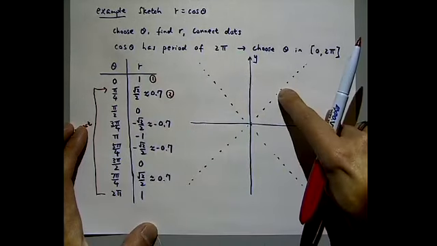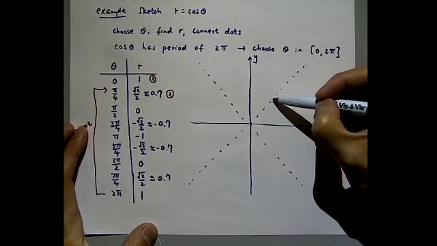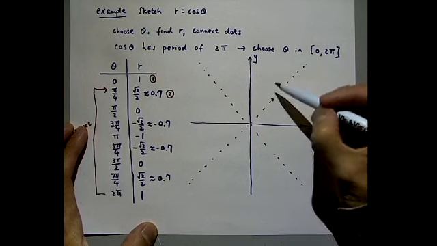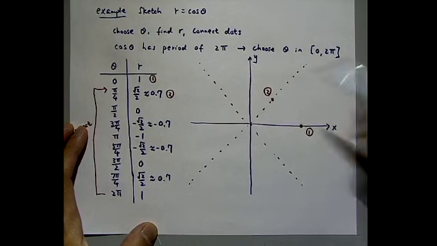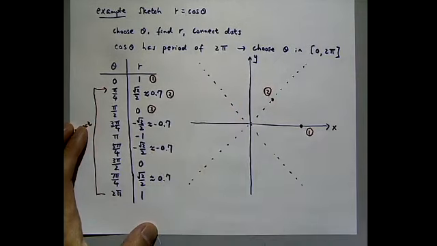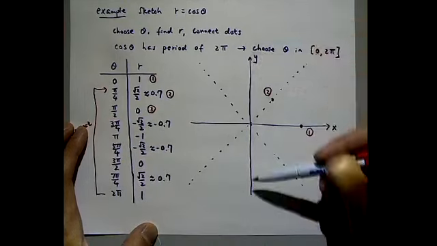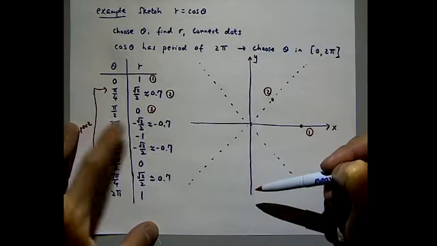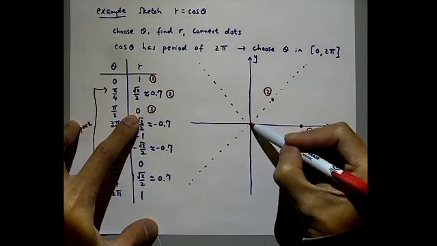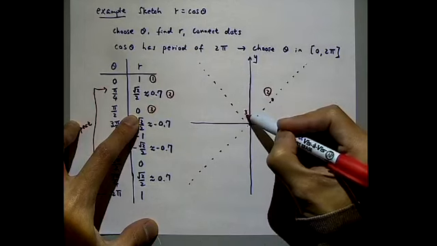This is pi over 4. So let's eyeball 0.7 right here, more or less. So that's point number 2. Pi over 2, y-axis. I want to go 0 away from the origin. So right here, that's point number 3.